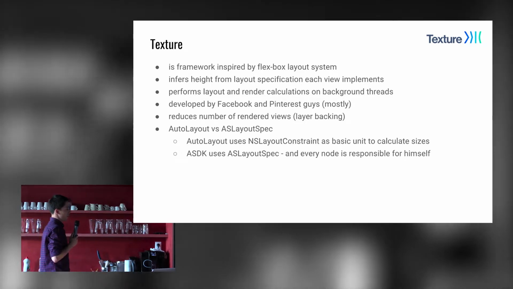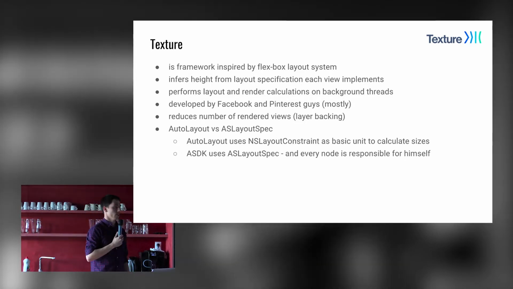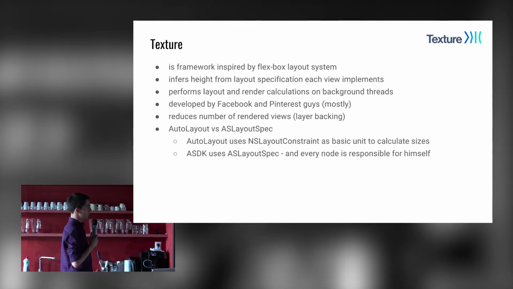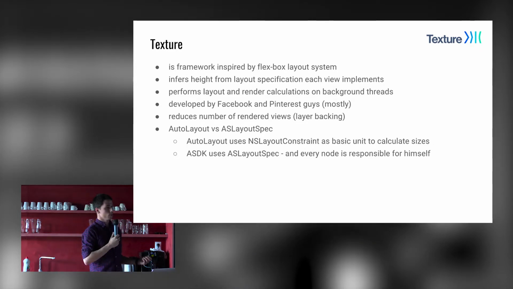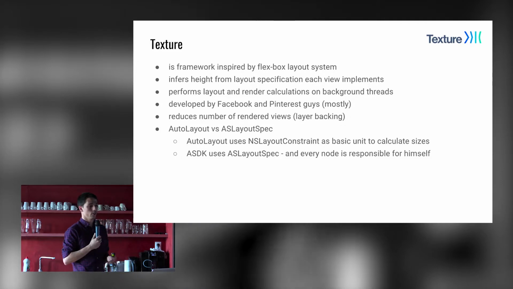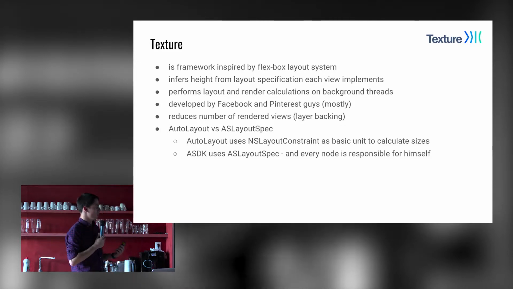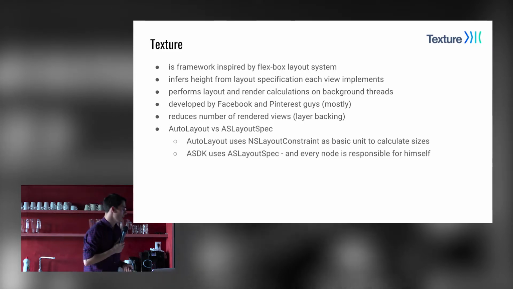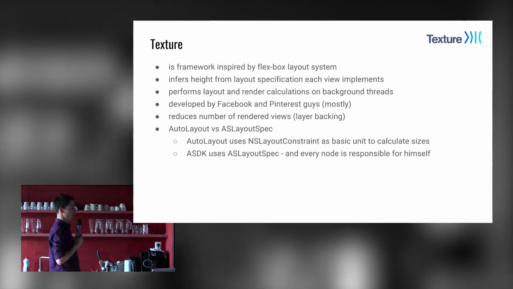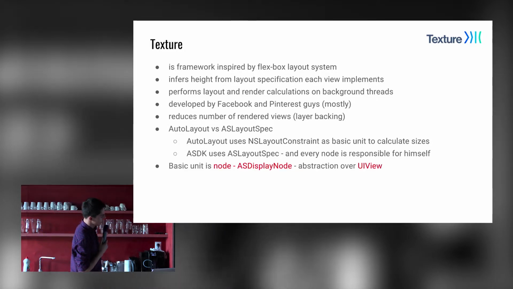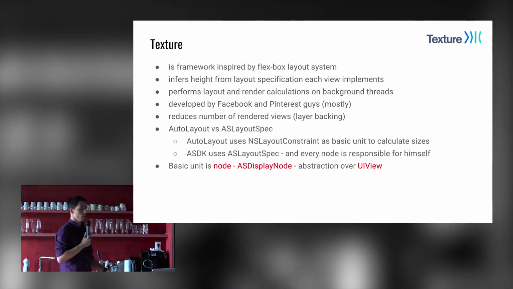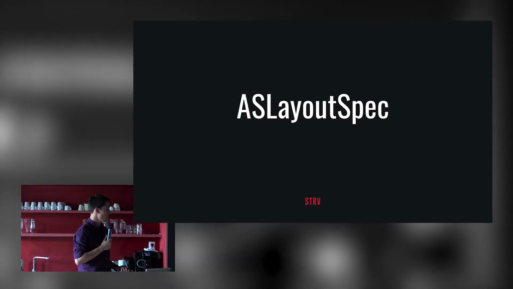So the main AutoLayout, OK. AutoLayout uses constraints to set up the layout of a view, cell, or hierarchy of the app. Texture uses AutoLayout specification. And there is the main unit, node, instead of UIView. And it's just an abstraction that includes also UIView and layer.